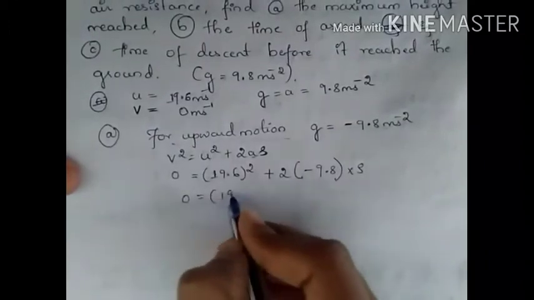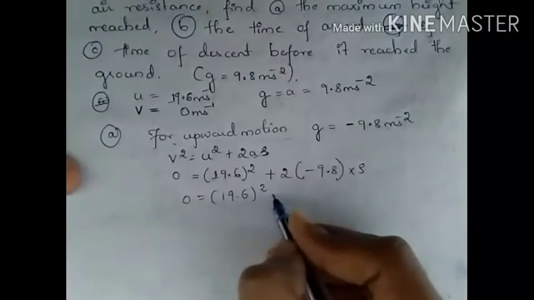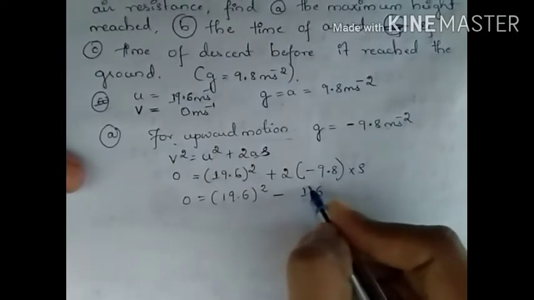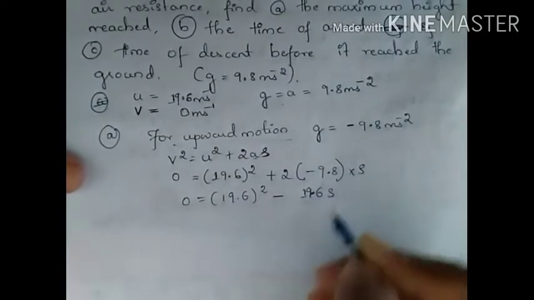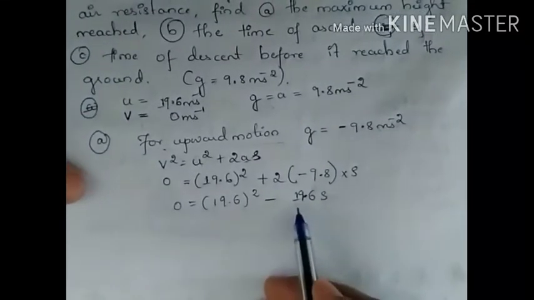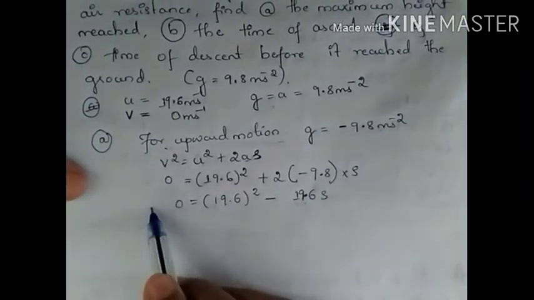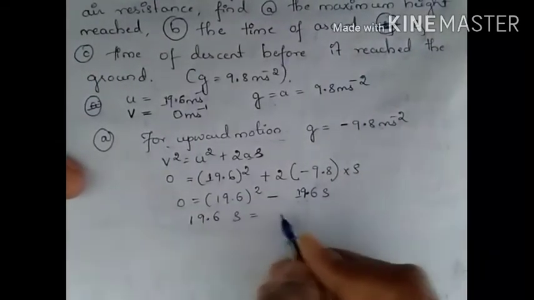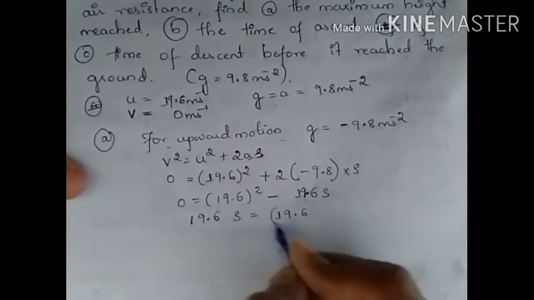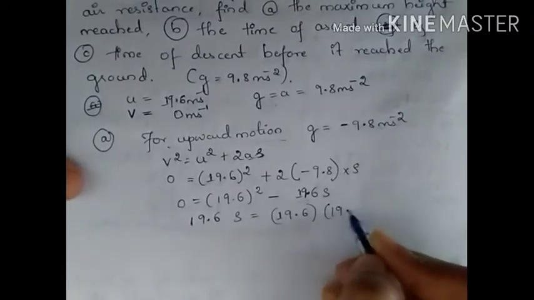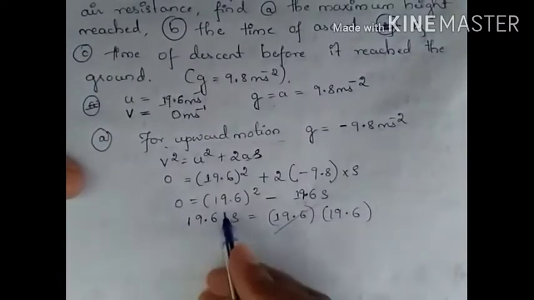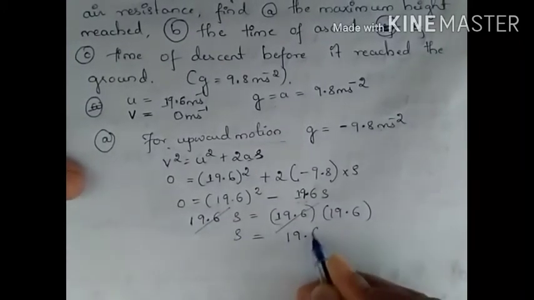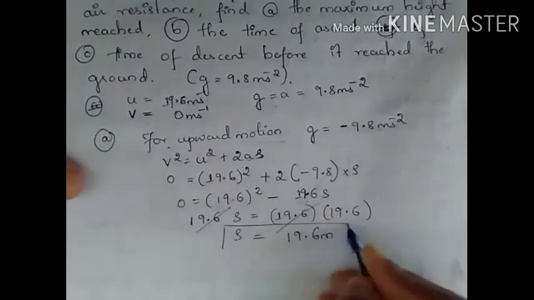So 19.6 whole square minus 19.6 s; sending this to the other side, 19.6 s is equal to 19.6 multiplied by 19.6. So 19.6 and 19.6 cancel, and s is equal to 19.6 meters.